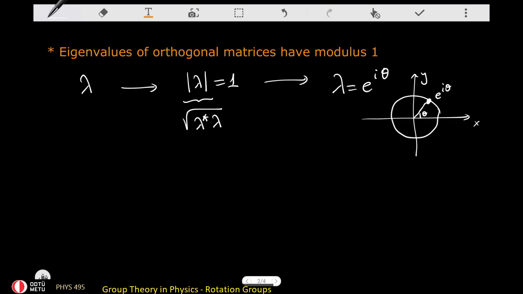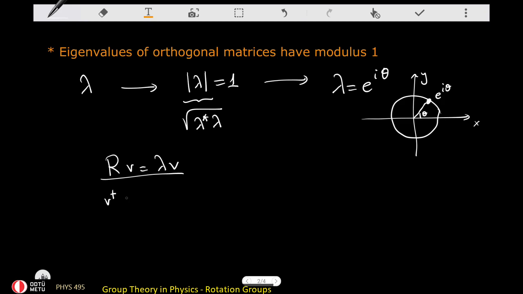How do we understand this? Well, we just write down the eigenvalue equation. Let V be the eigenvector. For a complex eigenvalue, of course, the eigenvector has to be complex, so we have to take this into account. So we take the Hermitian conjugate of that equation.